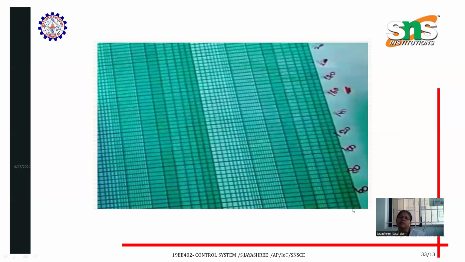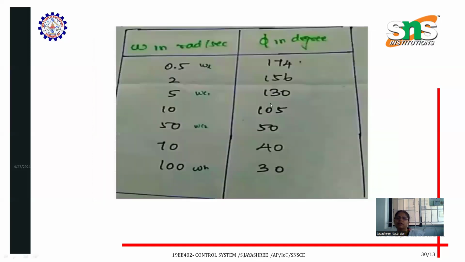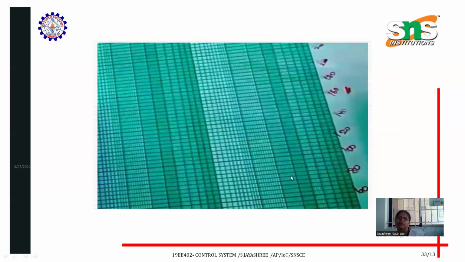So it is multiples of 20. I'm taking 60, 80, 100. We got positive angles, so I'm taking only positive angle values on the right side.